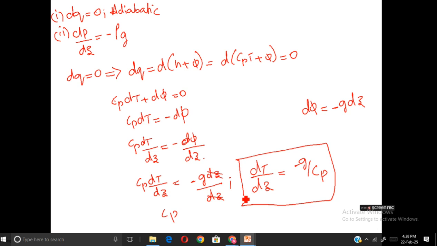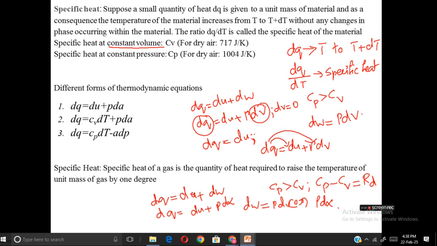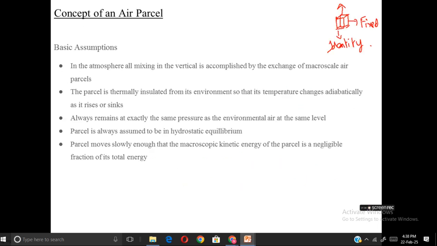So you know the value of g, right? g has a value of 9.8, and cp, we already calculated, what was the value? cp is 1004, I guess. Yeah, cp has a value of 1004 in case of dry air. Now can you calculate the value of dT by dz?